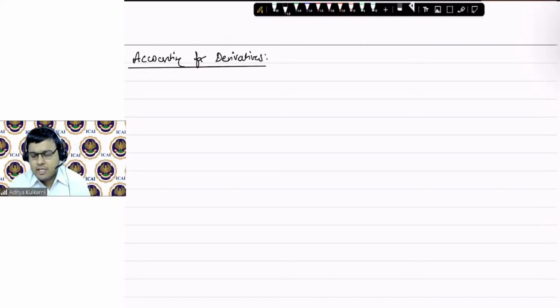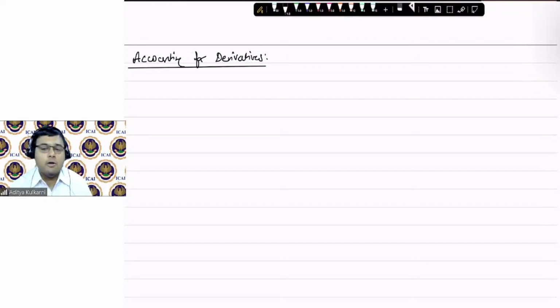I don't want it for the issuer now, for the holder, whatever it is. Just a simple question. Is a derivative always a financial liability? Is it always a financial asset? Or could it be equity also? It could be. It could be anything. It could be a financial asset. It could be a financial liability. It could be equity also.